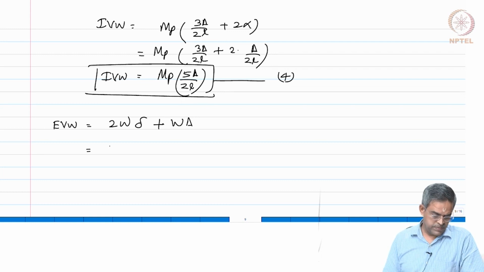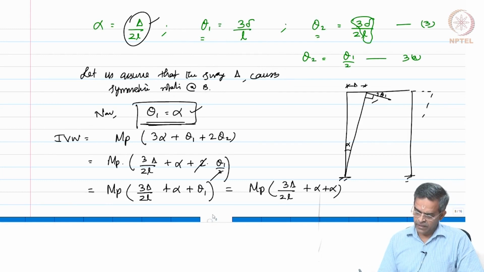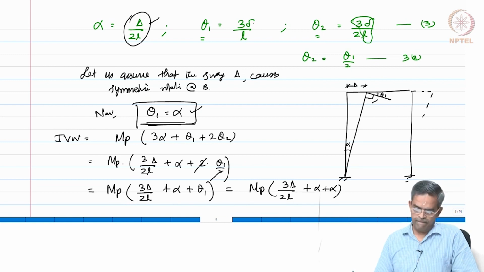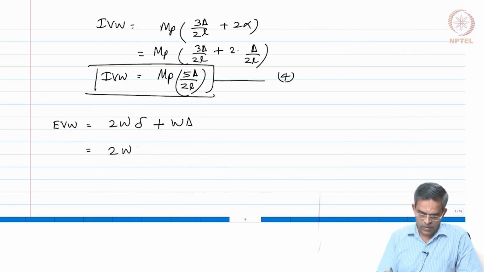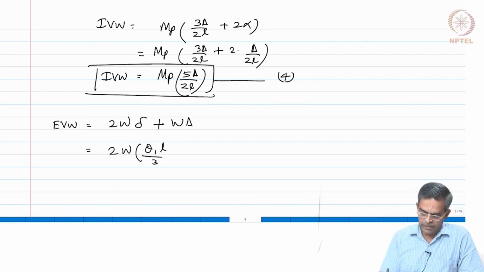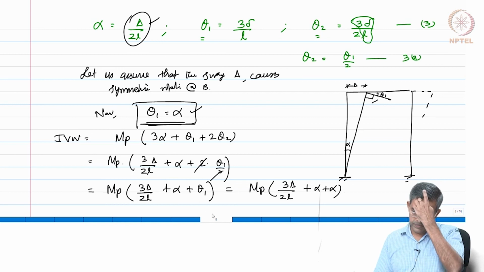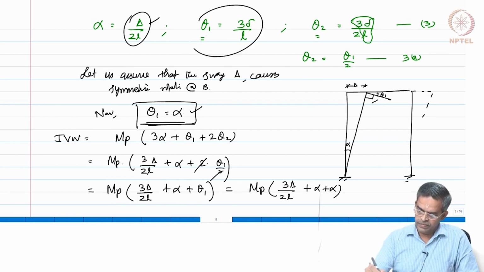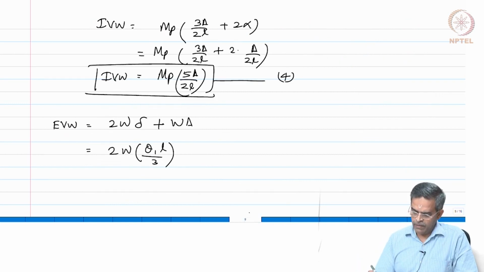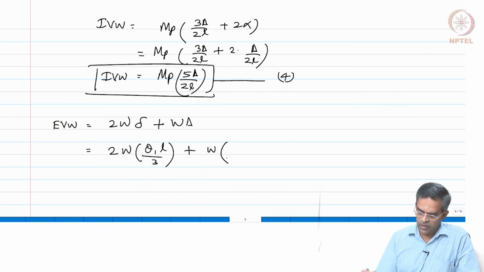For 2W del, we already said del is 3 delta by L, okay, and delta is theta 1. So, theta 1 L by 3 is del, is it not?